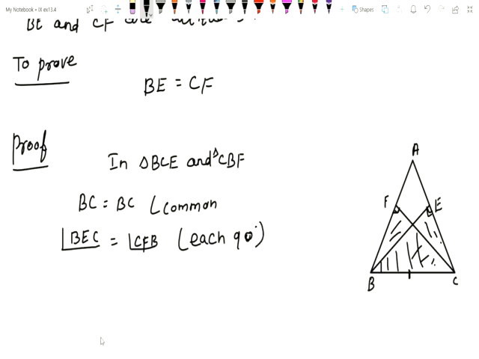Next, angle ECB equal to angle FBC, because AB is equal to AC, the opposite angle is C. In side AC, the opposite angle is B. So these two angles are equal.